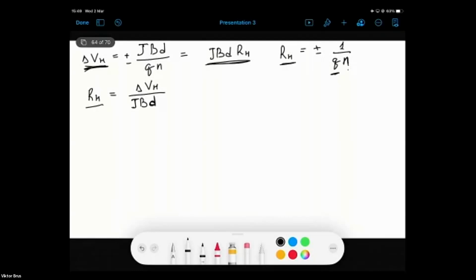If we experimentally determine Hall coefficient, that will be equal, so we can put here plus minus also, plus minus 1 over Qn. So we experimentally measure all these 4 parameters in order to get Hall coefficient.